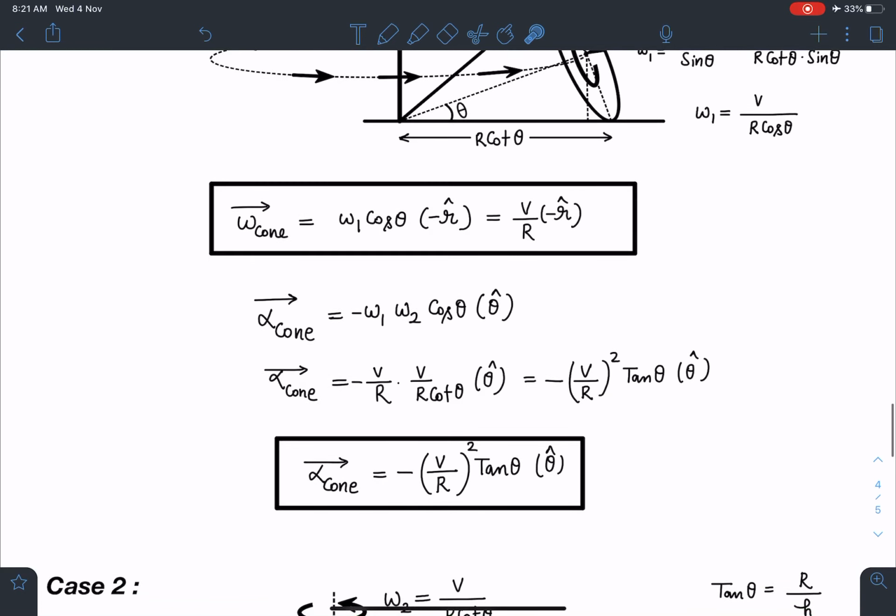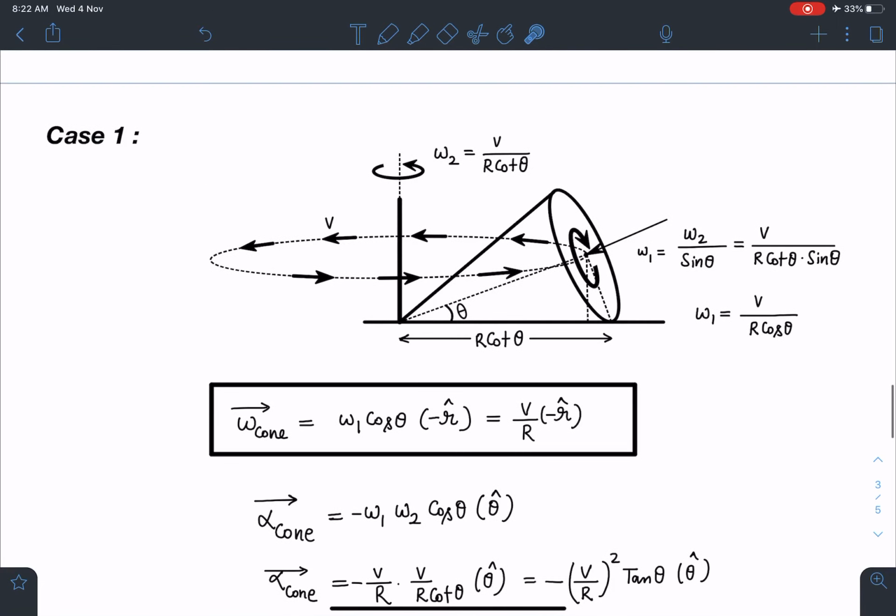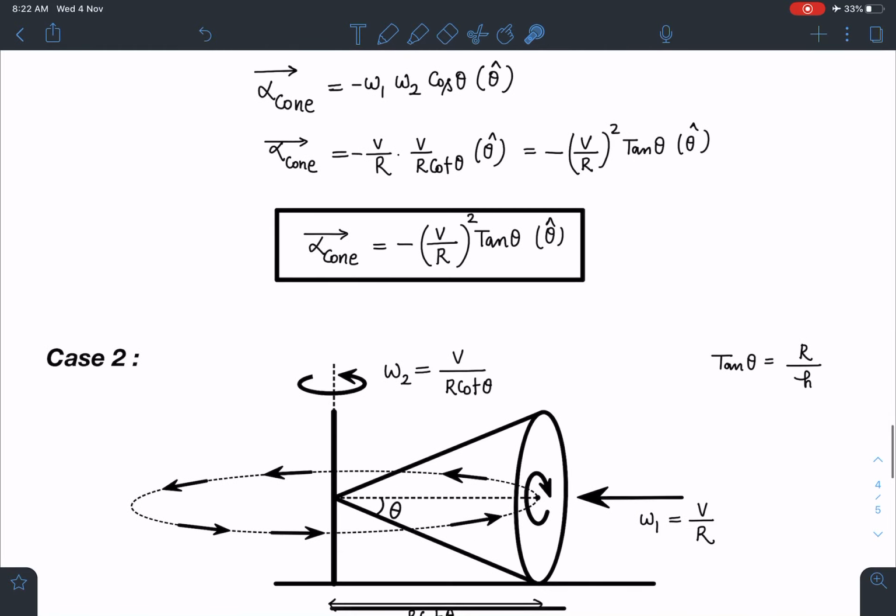If I substitute these values, I am going to get alpha cone as v by r whole square tan theta times theta cap, negative sign of course. So at this particular instant, you can see this theta cap is actually into the plane. So minus theta cap is out of the plane in this particular case.